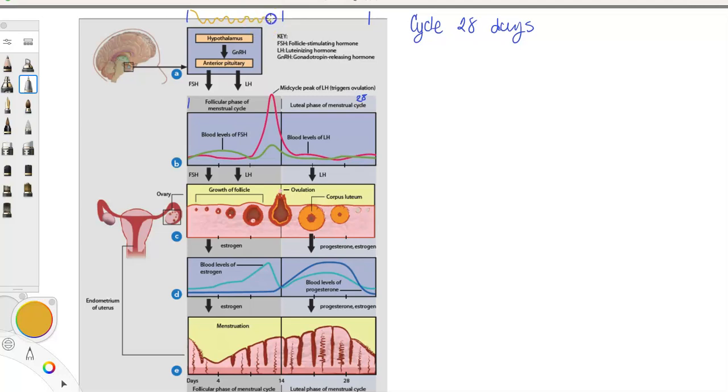And then around day 14, just before it, we get a slight rise and a decline, and then it's back to the same. And we'll get back to 28. Here we are at 28, and here's 1. So that's how GnRH behaves.